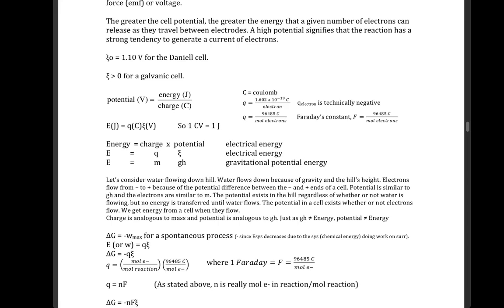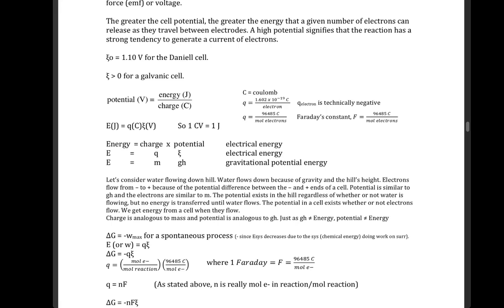Alrighty, so if we rearrange potential equaling energy per charge in terms of energy, we have energy in joules is equal to charge in coulombs times potential. What that comes down to, if we just look at units, is 1 coulomb volt equals 1 joule.